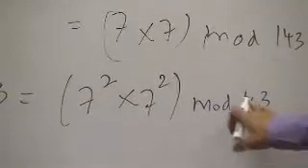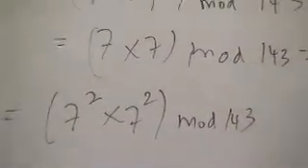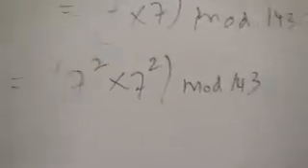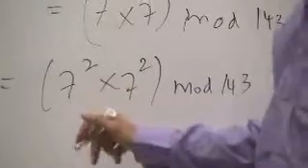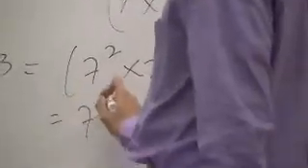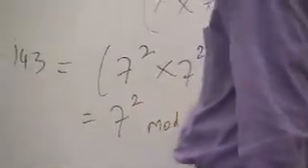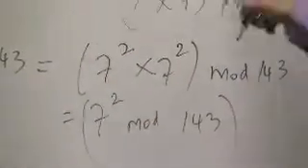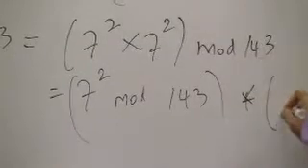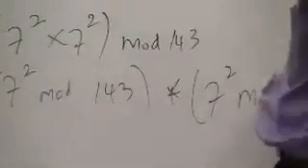So all you have to do is substitute 7 square mod 143 is 49. Take the mod operator inside: it is 7 square mod 143 times 7 square mod 143. I can take the mod operator inside, right? That's what I should have done earlier too, but I just assumed you figured it out. And just multiply together.